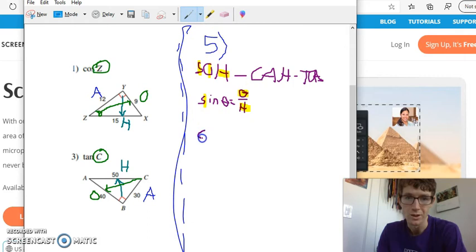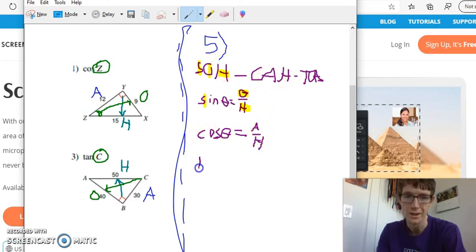Now let's do our cosine equation. Cosine of theta is equal to adjacent over hypotenuse, A over H. And you can compare it to this: cosine is A over H, adjacent over hypotenuse.